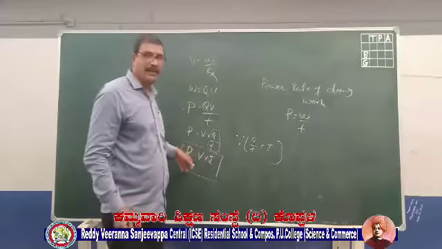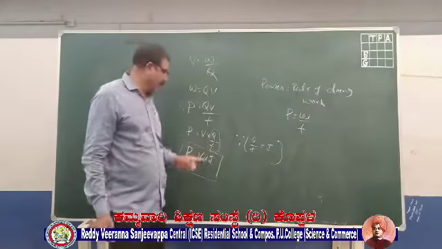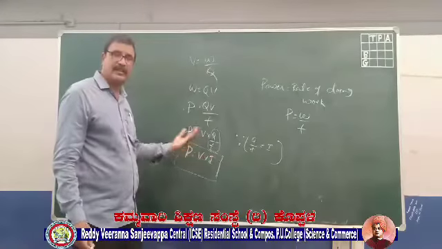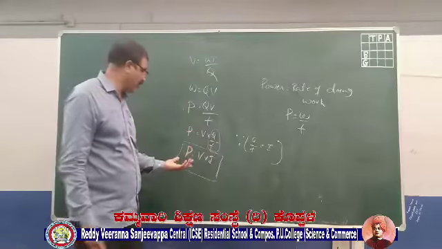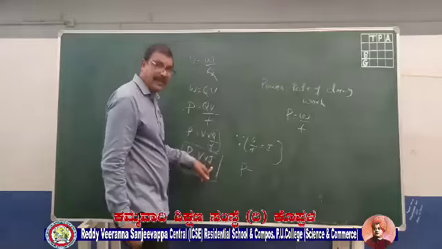So that is given by P is equal to V into I. Once again, I can change this equation into a number of forms. What can I write? P is equal to, instead of I, can I write V by R?